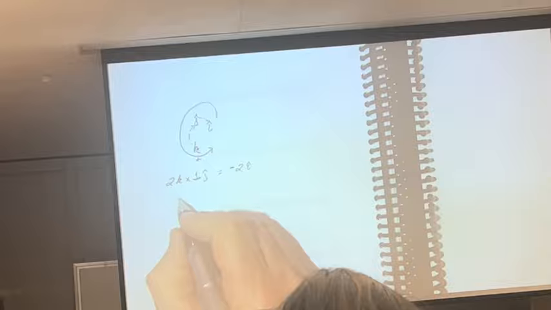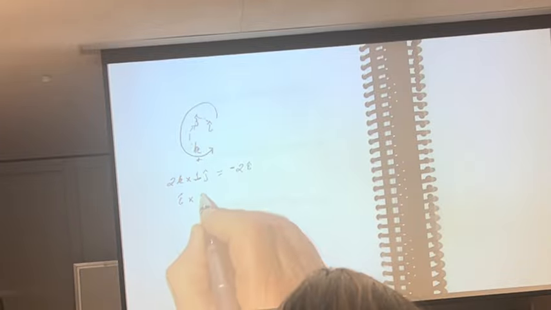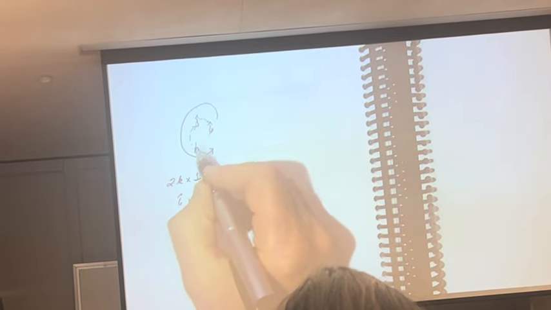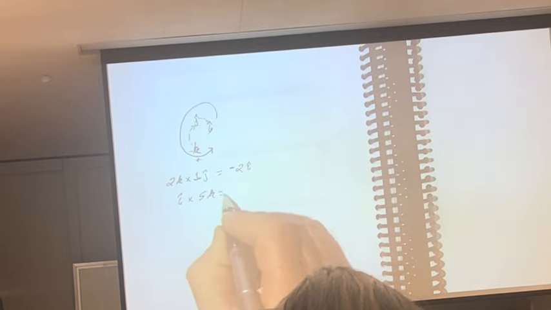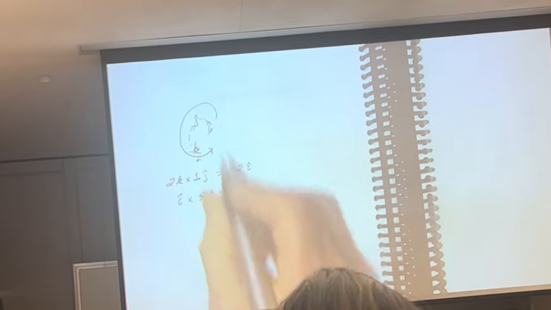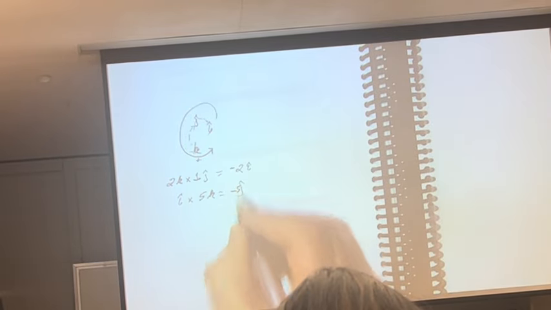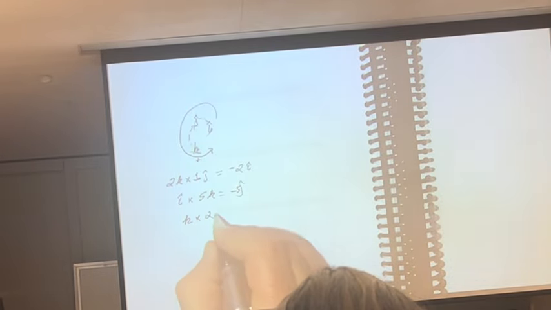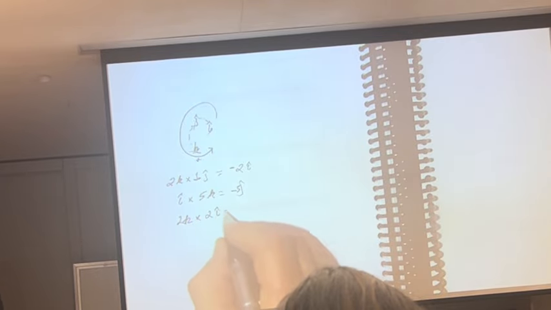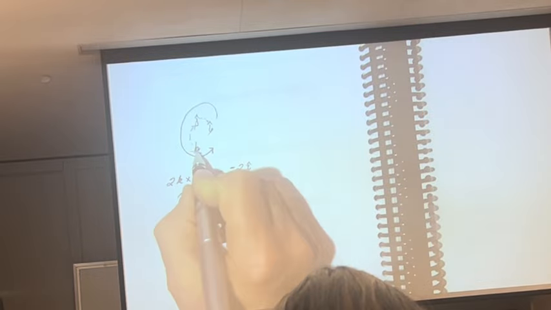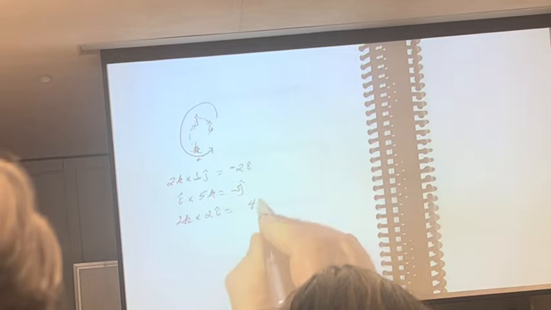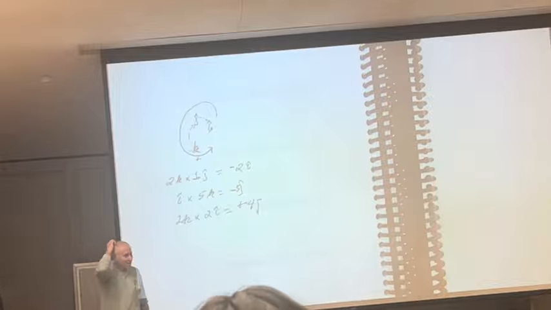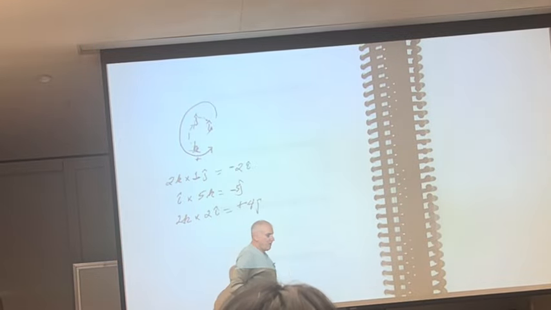If I say I crossed with 5K, from I to K, the next letter over is J. Since I'm going clockwise, that's got to be a minus 5J. If I say 2K cross 2I, that's 4 K cross I, next letter over is J, that's going to be a plus J. You get it? Any other questions?